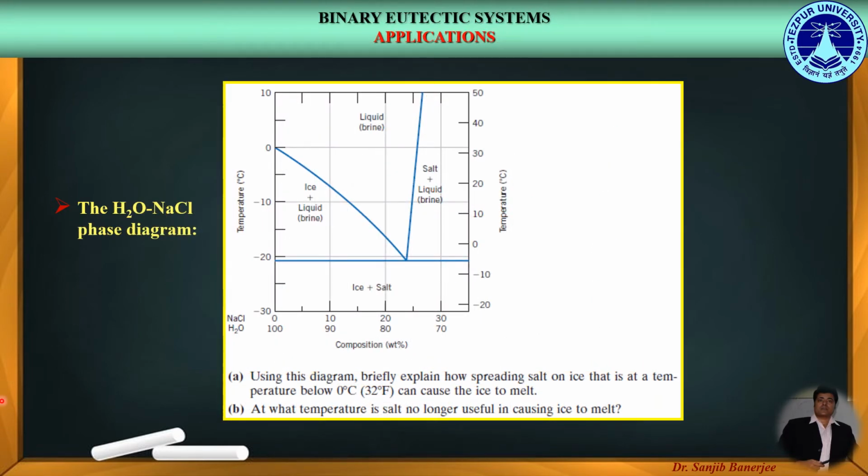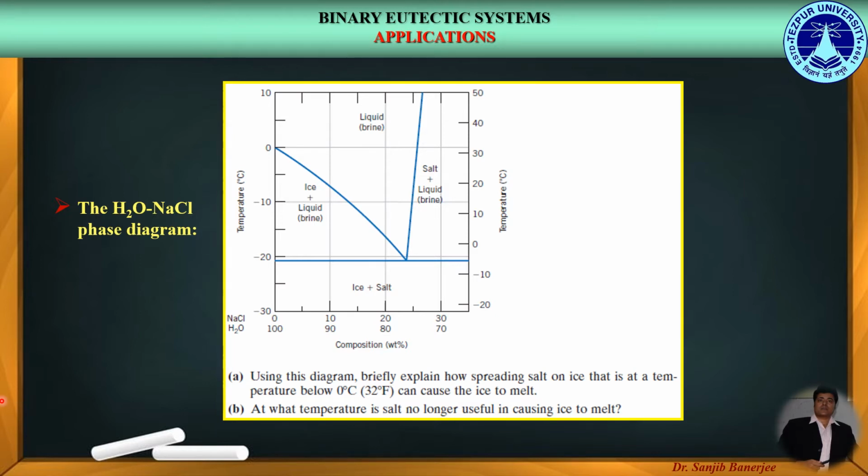Let us now study a few applications of binary eutectic systems. Here in this figure we find the phase diagram of water and sodium chloride, that is salt. Now in the first part of the problem we will explain how spreading salt on ice, at a temperature below 0 degrees centigrade, can cause the ice to melt.